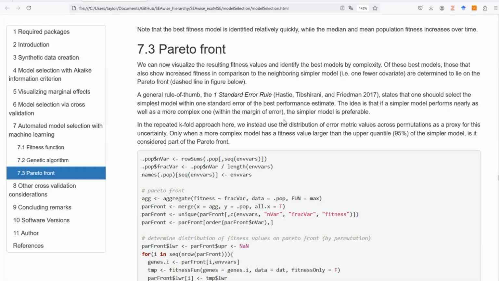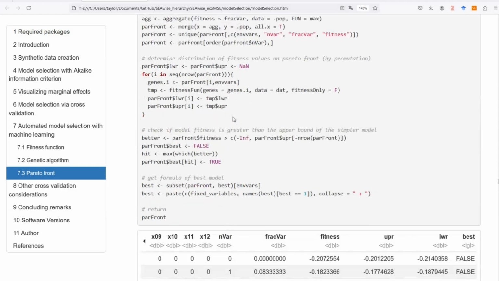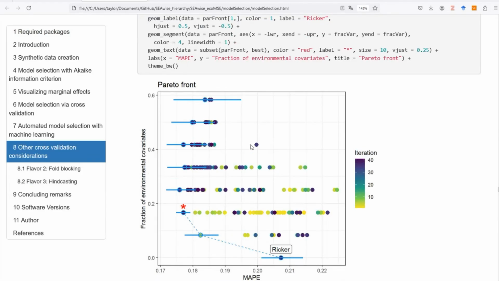There's just a little bit more information here on Pareto fronts. I must admit that it was hard to find a general rule for deciding this absolute best model, and I wasn't finding a whole lot of information on the repeated k-fold situation.